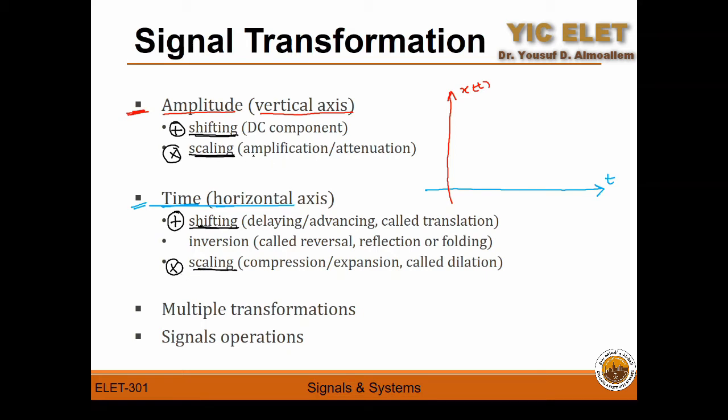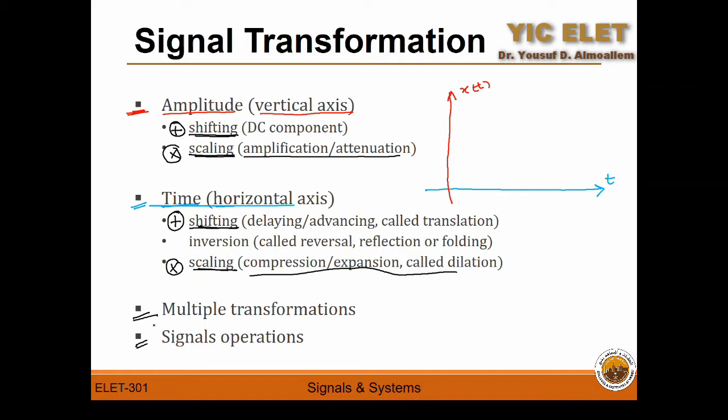And scaling would be like amplification, attenuation, or compression, expansion through the time axis. After we cover this, we will move to the multiple transformation, where we have multiple of these transformations applied to the same signal, and in the next lecture we'll talk about signal operation.